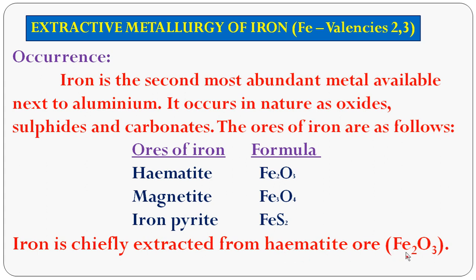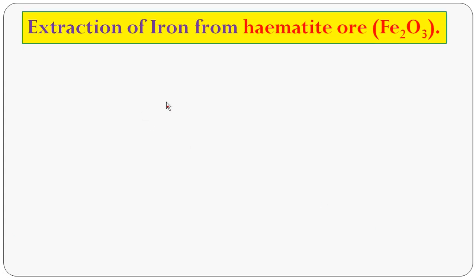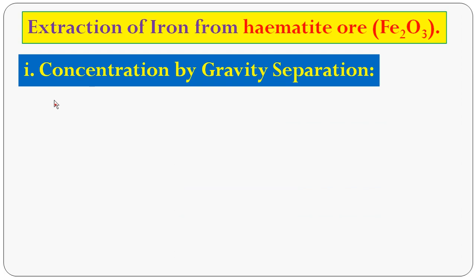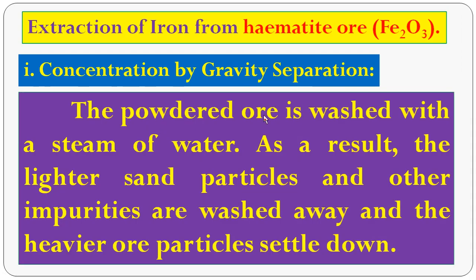The formula is Fe2O3. Extraction of iron from hematite ore, Fe2O3. Now you have the 3 steps. The first one, concentration by gravity separation method. Here Fe2O3 is an oxide ore.